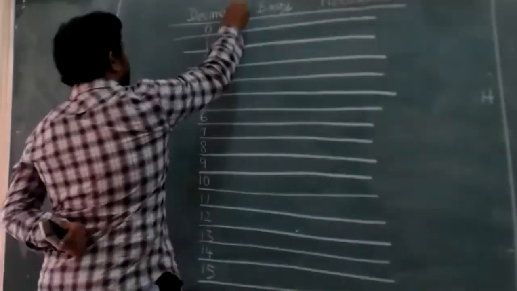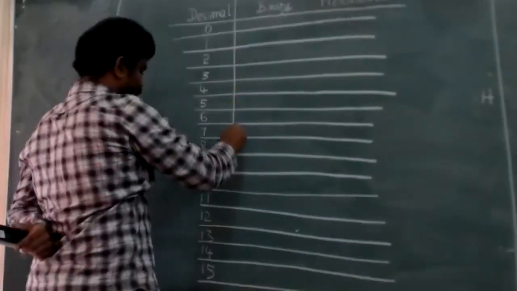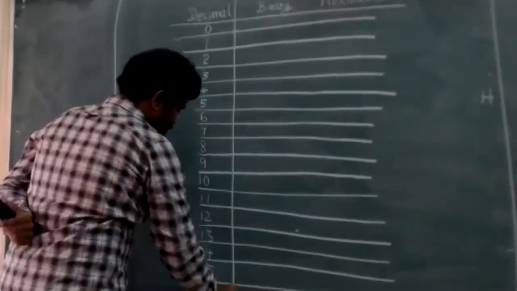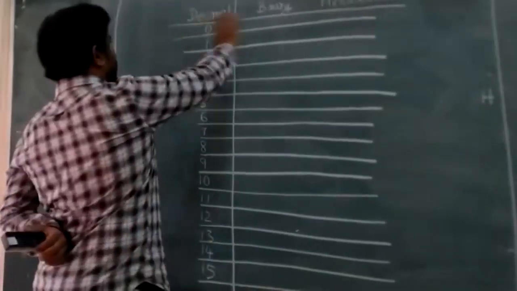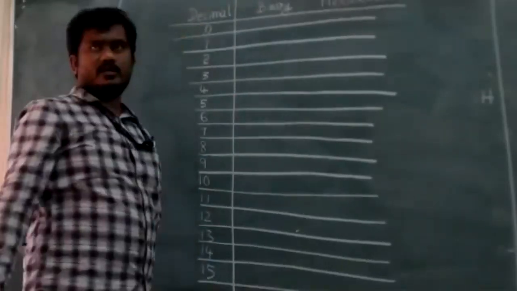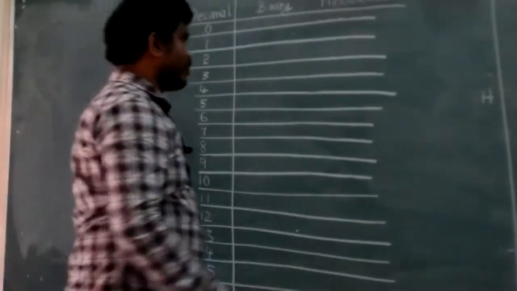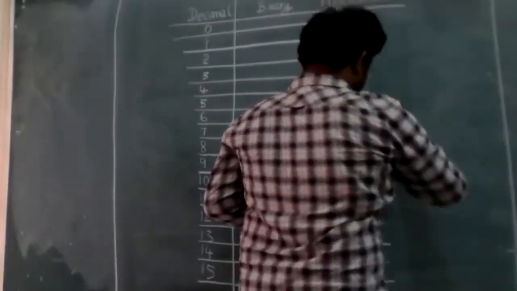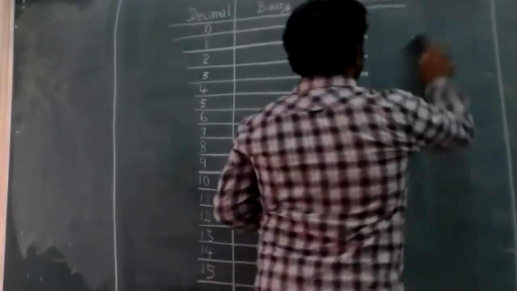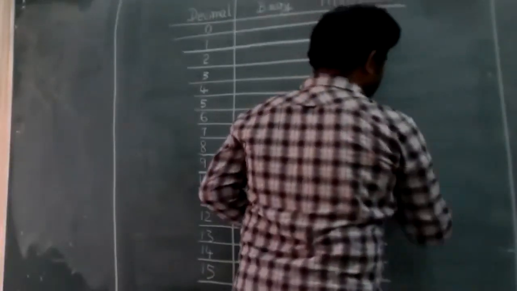Okay. In the first column, I have taken the decimal number, and I need to represent the corresponding binary. In order to do that, I will take the places. We can discuss all those things later.